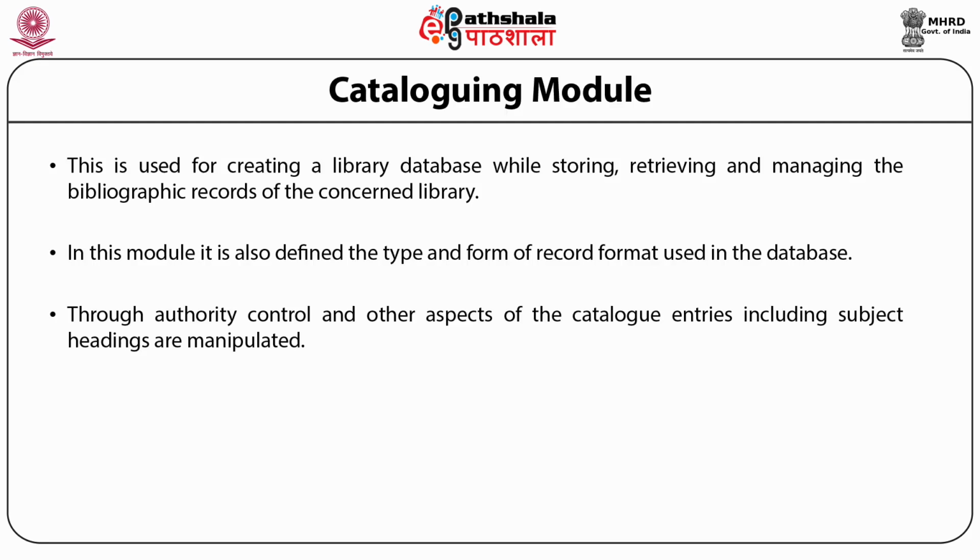So in this module, many things are clearly defined. Again, I am reminding, catalog is a tool. So this is a very important aspect of feeding the elements of library collections. In this module, these things are well taken care of.